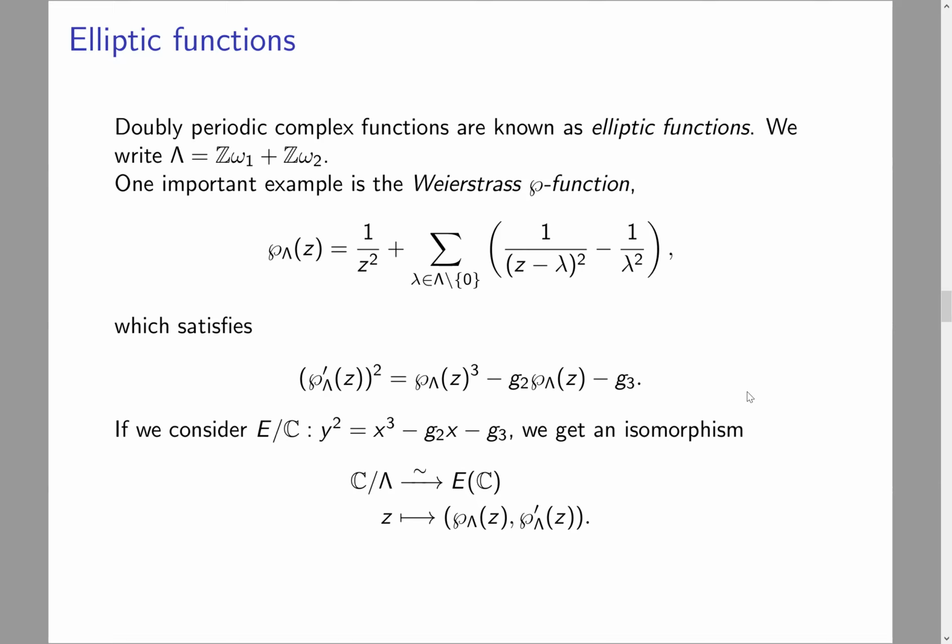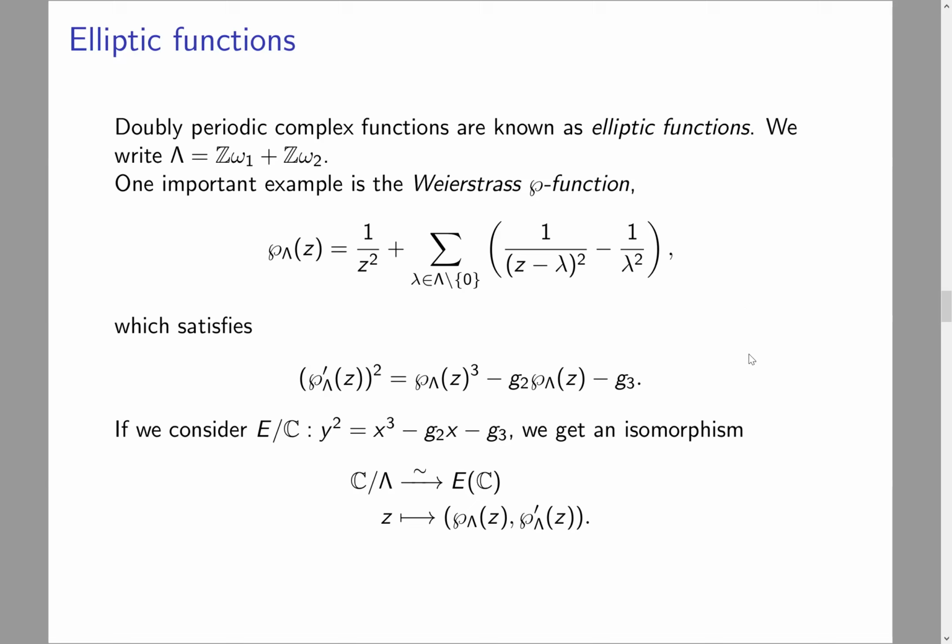If you give each thing an appropriate topology, this is an isomorphism of topological groups, if you like, of Lie groups, if you like, further. This topology is, in fact, a nice smooth structure, but this is certainly not an algebraic map. So it should be a holomorphic map, right? Yes. Well, yes.